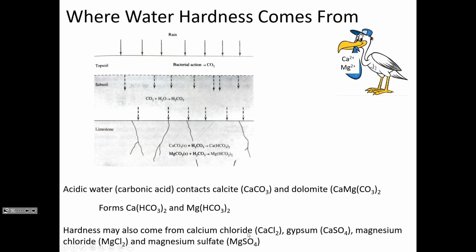So basically, the acidic water permeating down through a limestone bed begins to absorb the characteristics of the minerals in that limestone. Hardness also comes from other things besides calcite and dolomite. These other chemicals are just less common, things like concentrated deposits of gypsum, magnesium sulfate, and magnesium chloride. These are all potential contributors to hardness as well, just not as geographically abundant.